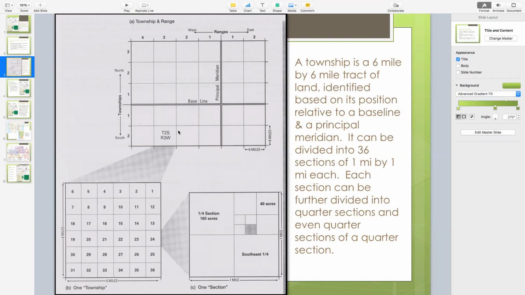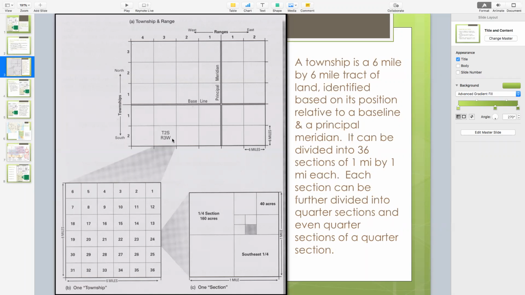We move 1, 2 south from our baseline, and 1, 2, 3 west from our principal meridian. And that gives us T2S R3W.